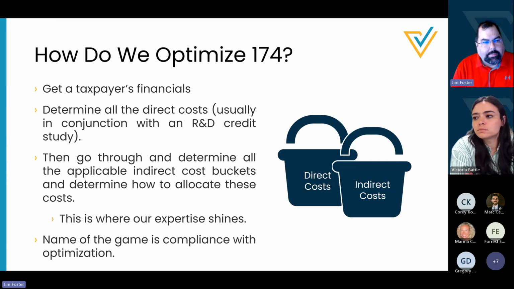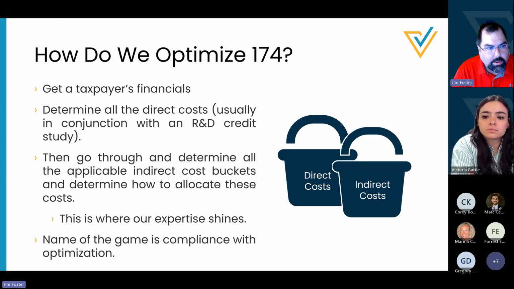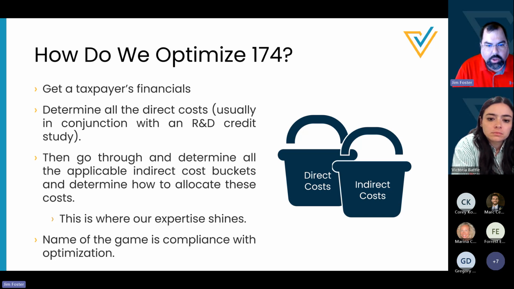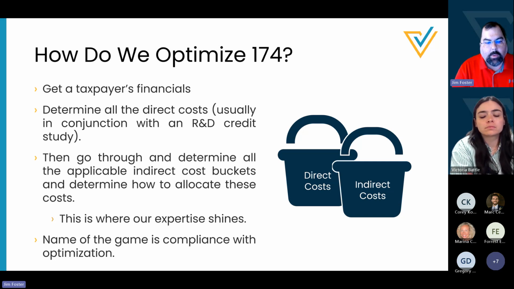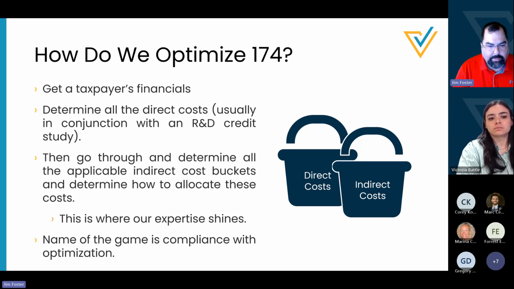So, optimization. What do we do here? We get the taxpayer's financials. We determine the direct cost, usually in conjunction with an R&D tax credit study, because the R&D tax credit is going to identify those wages, contractors, supplies, and computer costs that are directly involved with the R&D activities. Then you have to go through and determine all the indirect cost buckets and then figure out how to allocate those amounts.